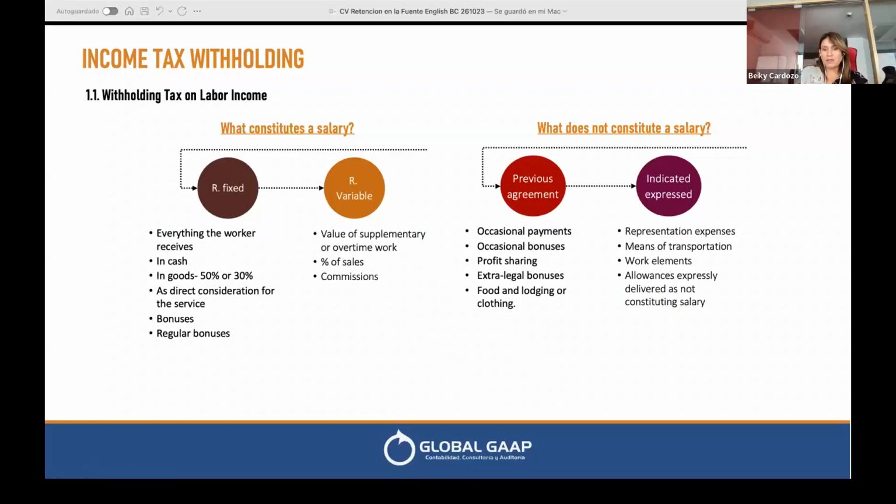What will be important in this regard is that you have all the documents of these expenses in the name of the company, that is the tax ID and the name of the company, and that we have the electronic invoicing to support these expenses. So that's super important for the company, okay?